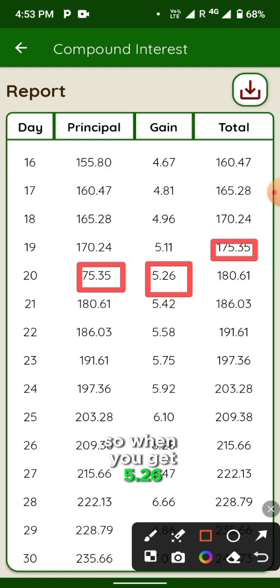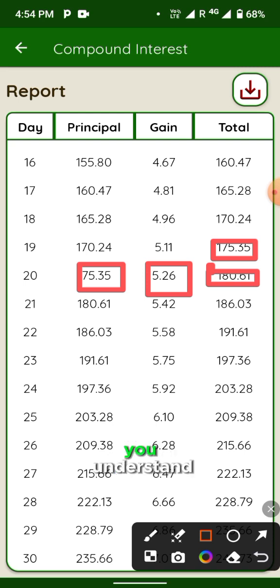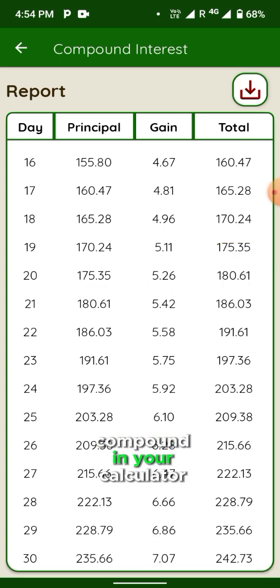So when you get 5.26, that will be my gain, and you add it to the principal that I used, which is 175.35, and you will see that I get a total of 180.61. You understand? So that one is the compounding calculator.